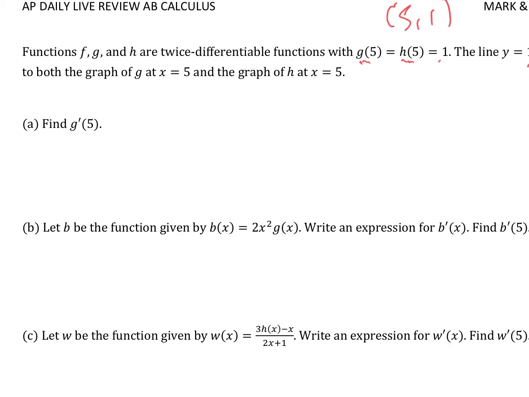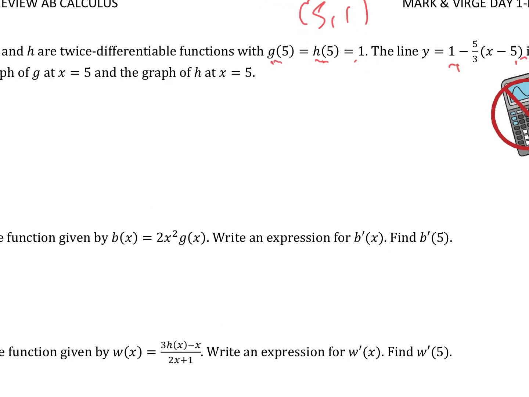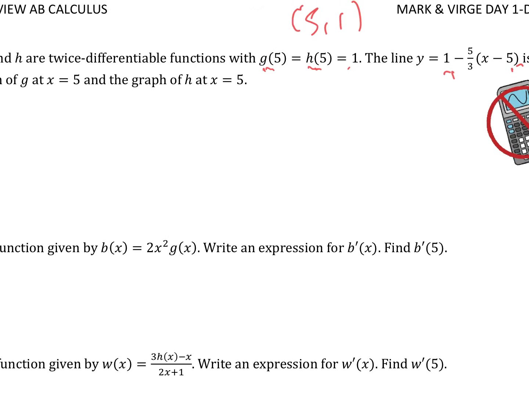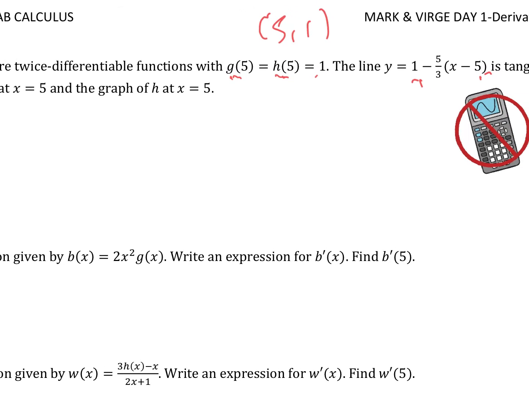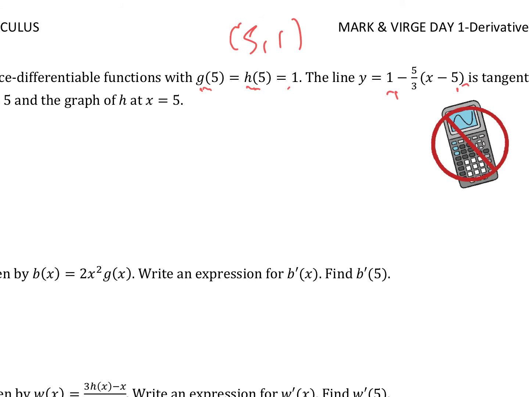Find g prime of 5. Well, this is g prime of 5. It is the slope of g and of h at x equals 5. So remember, y minus y1 equals the slope times x minus x1.